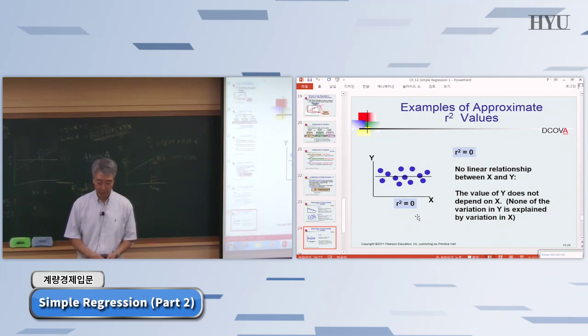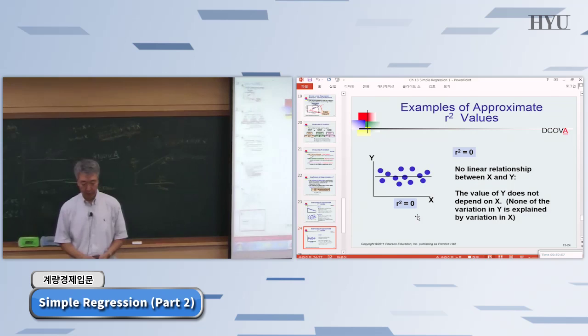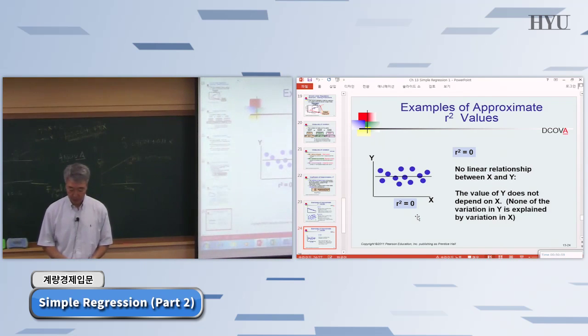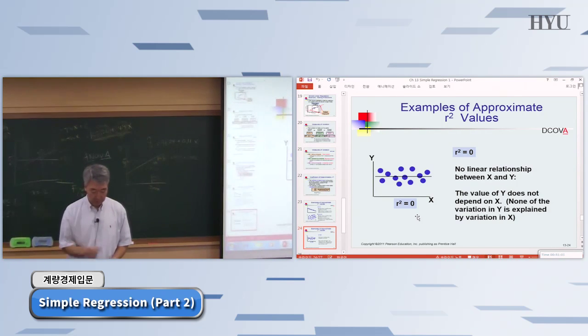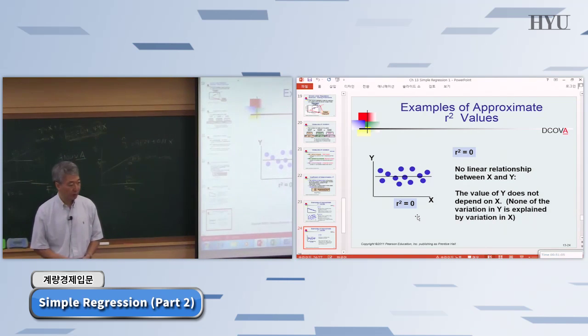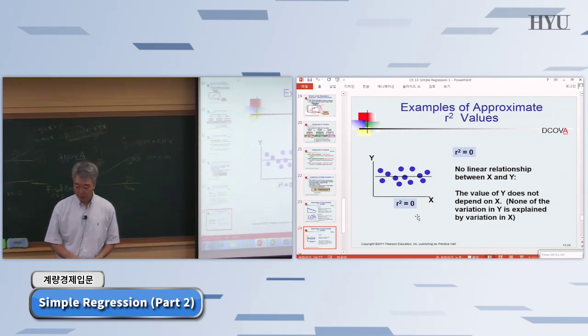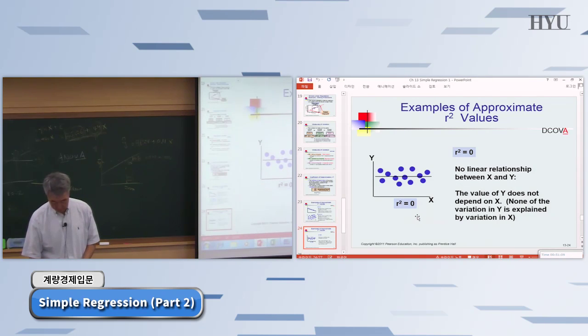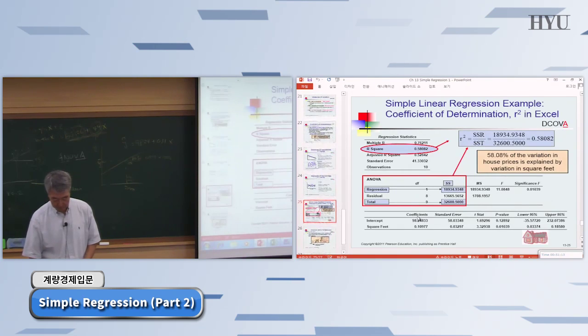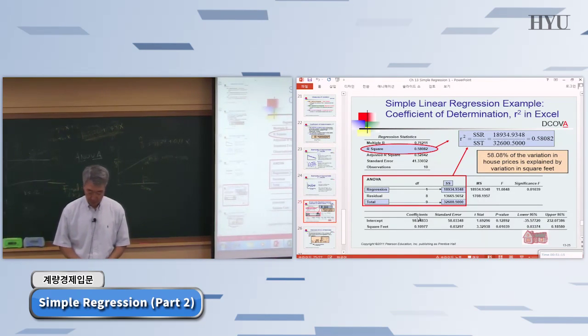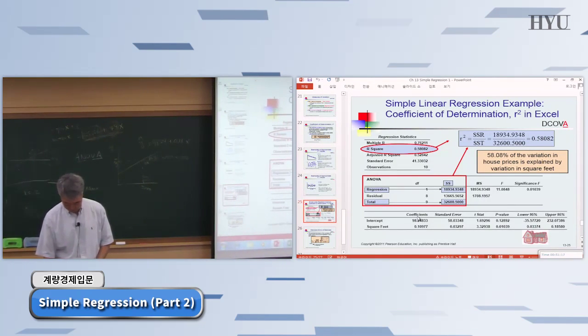Your correlation coefficient will be 0, and that means R squared can also be 0. In other words, nothing is explained. None of the total variation in Y is explained by your independent variable. It will be highly unlikely in a realistic case.